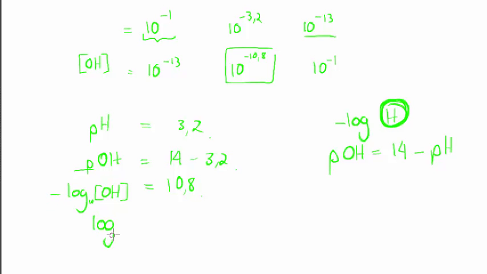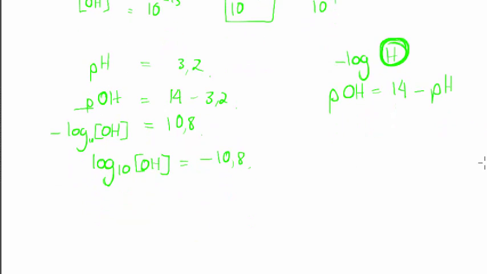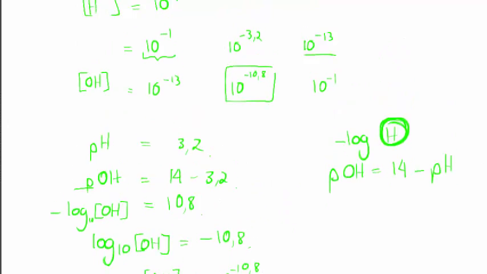So this is log OH is equal to negative 10,8. And now I just use my understanding of logs to convert the log form into an exponential form. So OH is equal to the base with the exponent. Oh, sorry. That's the answer I had, isn't it?